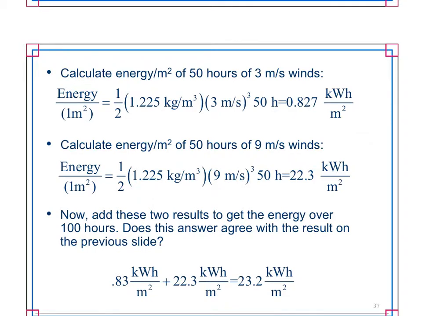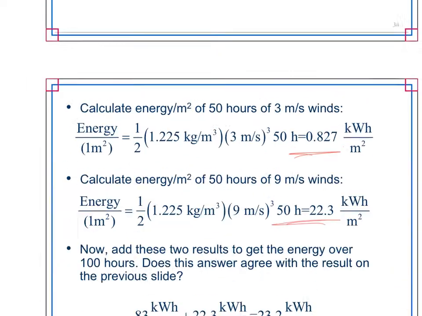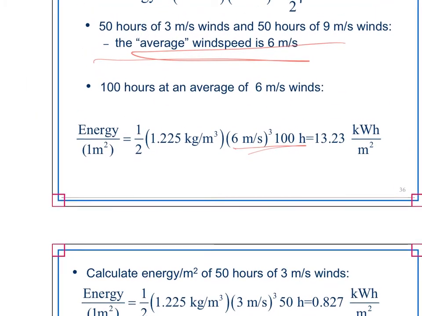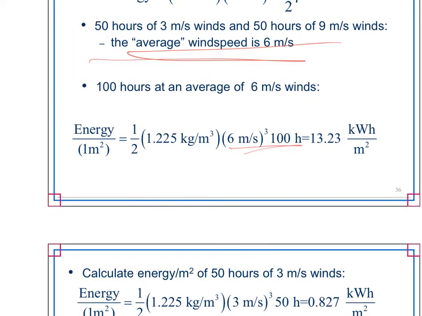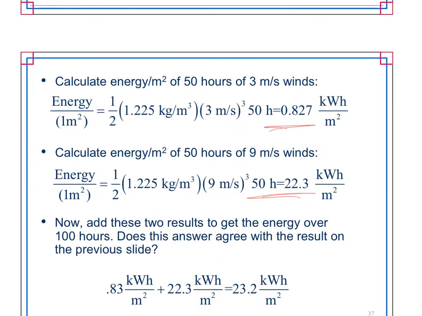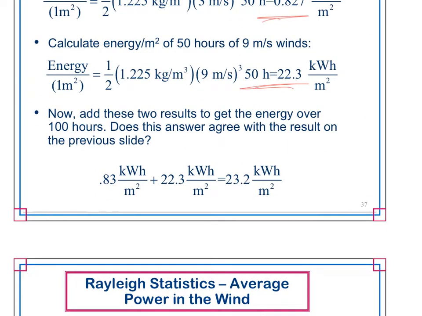At 3 meters per second, I'm getting essentially nothing, and at 9 meters per second for 50 hours, I'm getting 22. Adding those together, I'm getting 23.2, which is 10 kilowatt hours more, even though the average wind speed is the same. So you have to be careful when I say average wind speed. That only tells you part of the story, right?